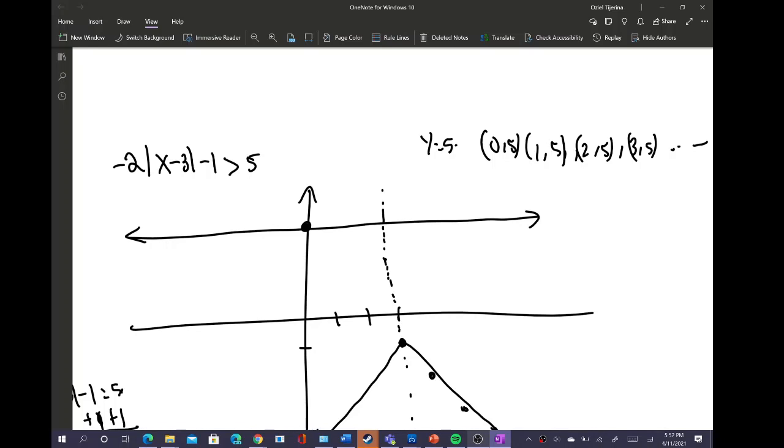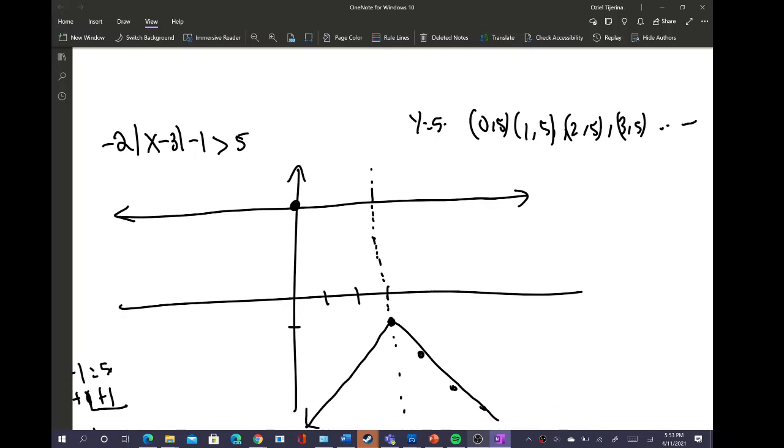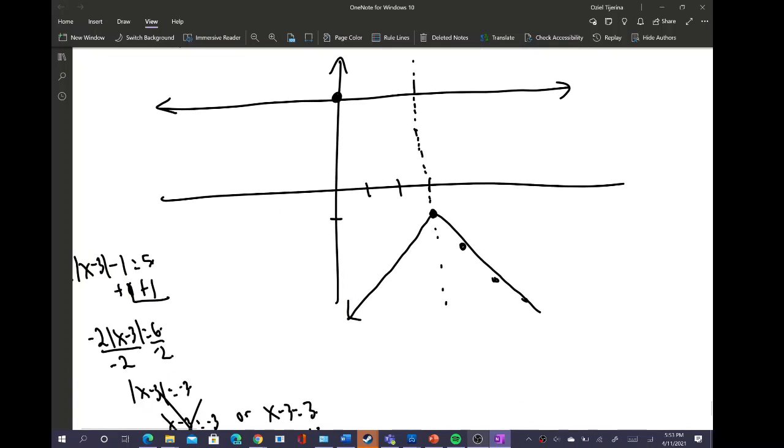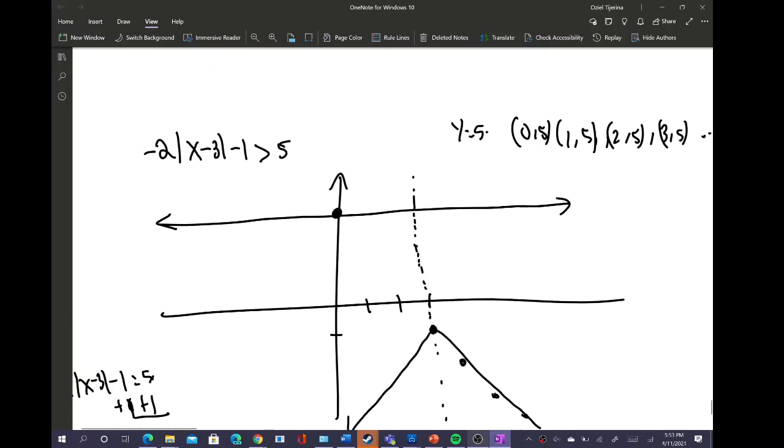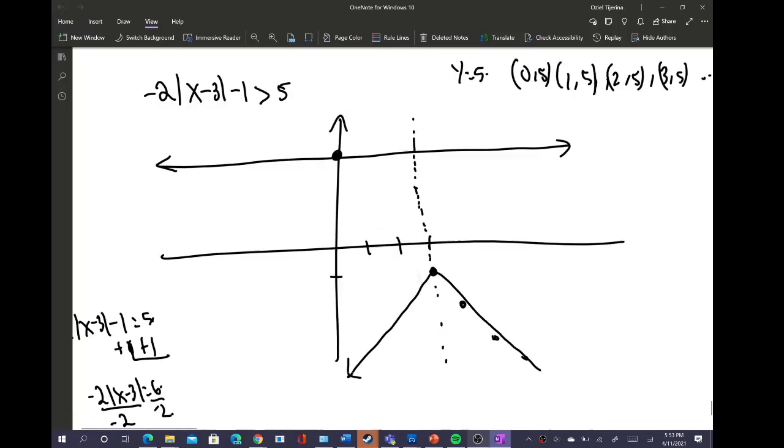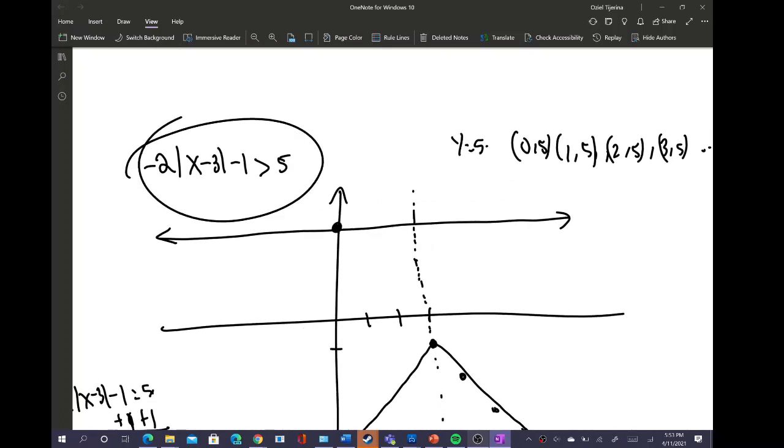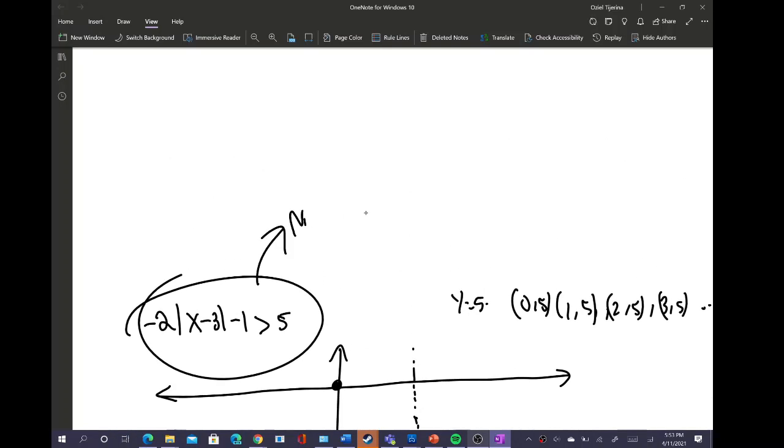If the negative 2 was positive, then it would be going upwards, and you would obviously cross the line. But because it's upside down, there is no intersection between both of these. So therefore, this inequality here has no solution.